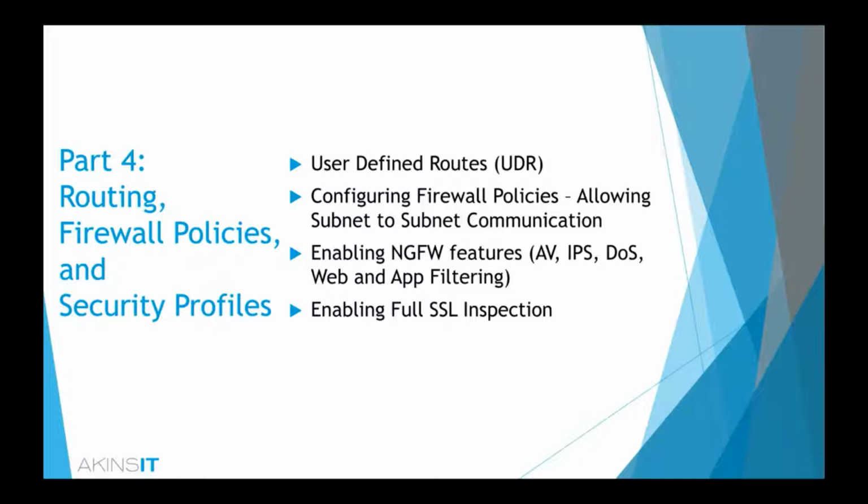Custom routes. Next, I'll be configuring the actual firewall policies just to allow traffic to flow. Just like any firewall policy, you have to say that from this source to that destination, it's allowed. So that's all we're doing.